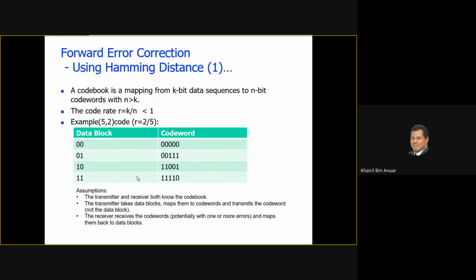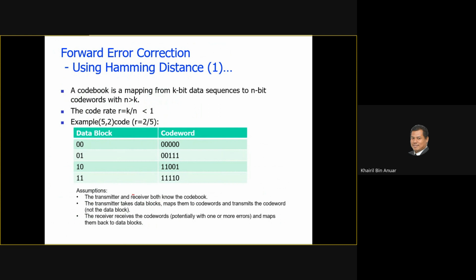Next, we also have the Hamming code correction, where for the code word, basically what we need to do is add additional bits so that you're able to send them along with the actual message, and then you can identify the basic information.